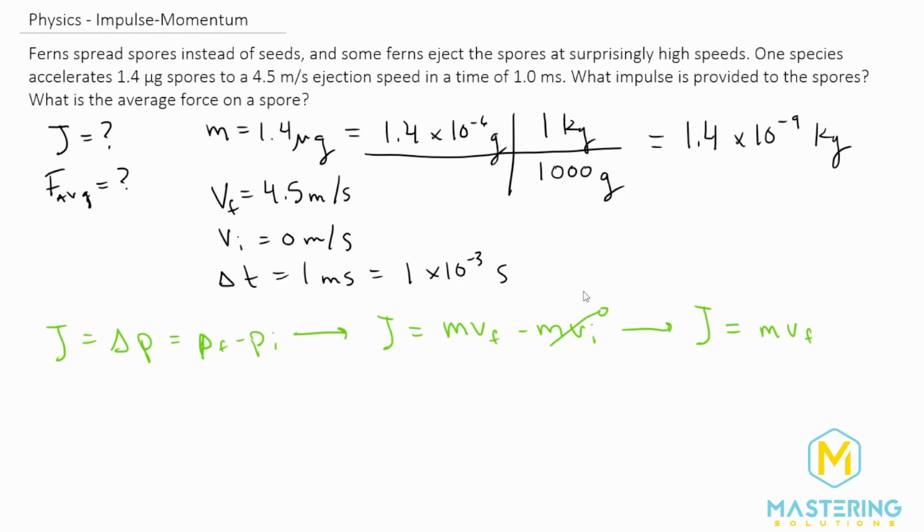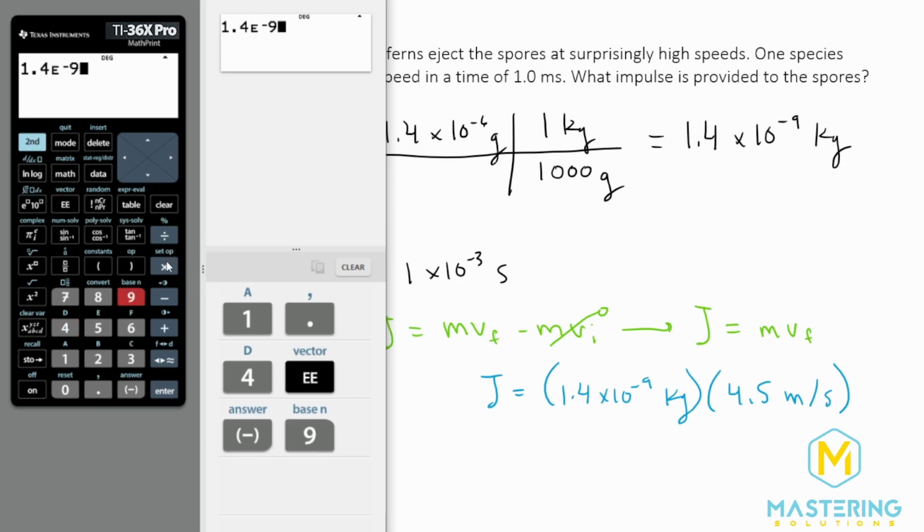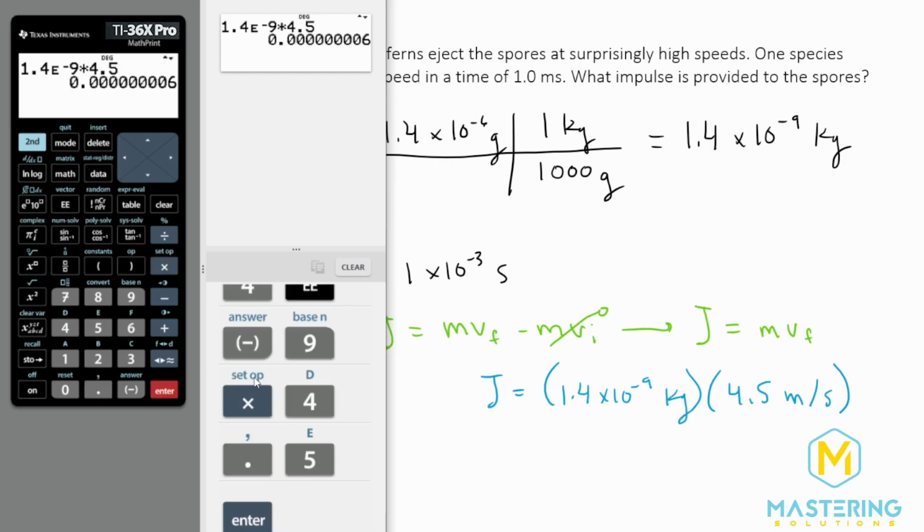So as we plug these in, J is equal to 1.4 times 10 to the negative 9 kilograms times the velocity of 4.5 meters per second.